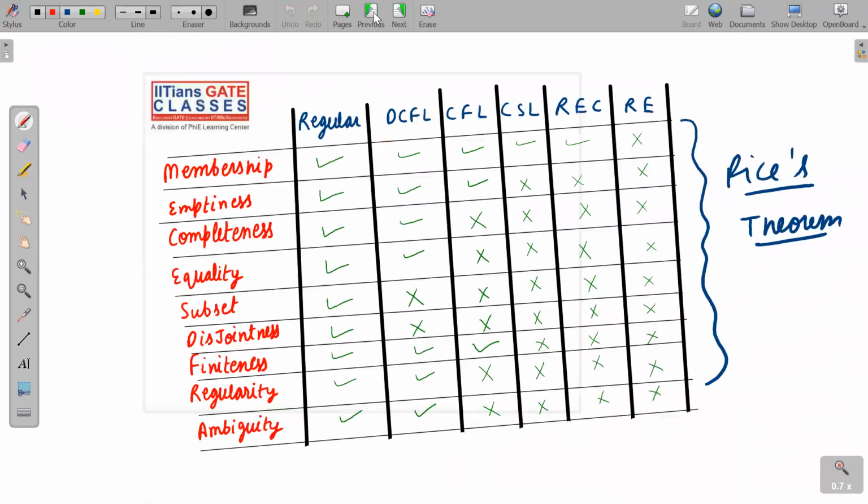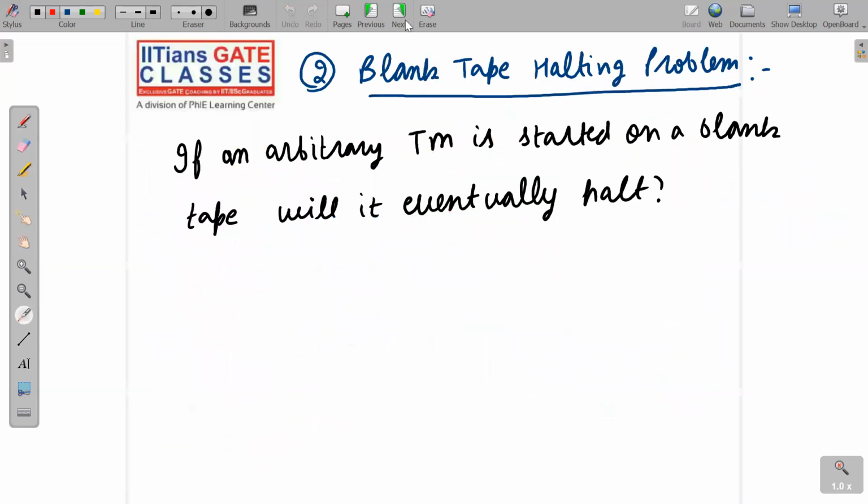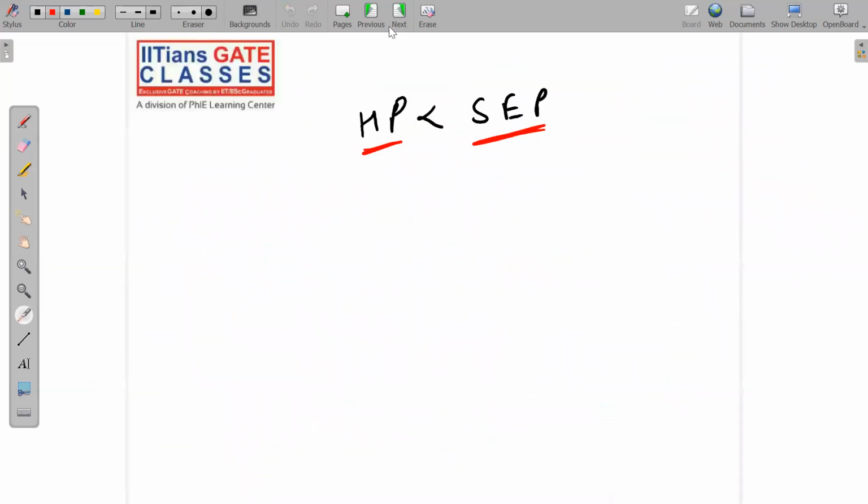So see here, the RE membership problem. I have now given you a small hint why the membership problem of RE is undecidable. Because if this was decidable, then the halting problem would be decidable. But we already know that the halting problem is undecidable. Hence, this will be undecidable. This is the way to prove it. Again, I'm not going into a proper proof.